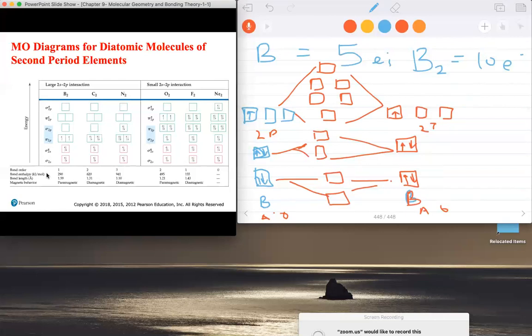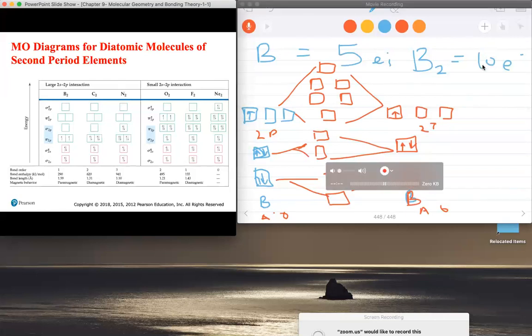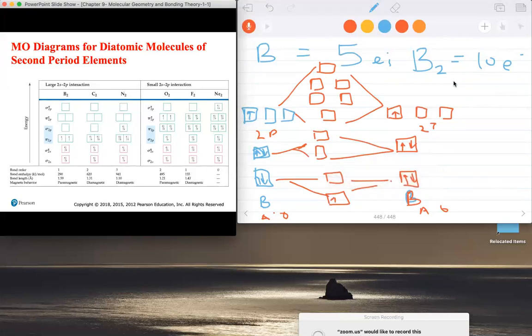So if you fill in with the electrons, remember we should account for 10 electrons. If I have 10: 1, 2, 3, 4, 5, 6, 7, 8, 9, 10.